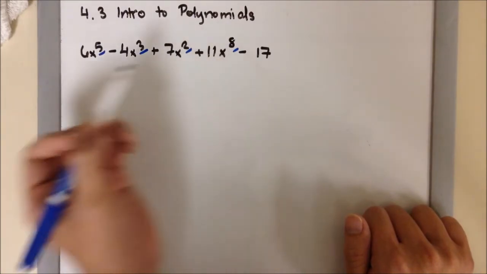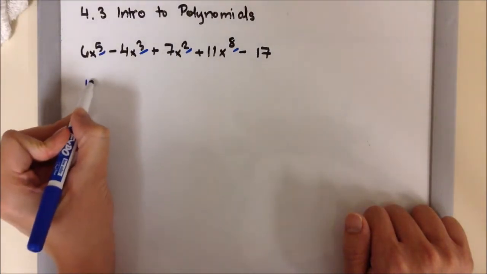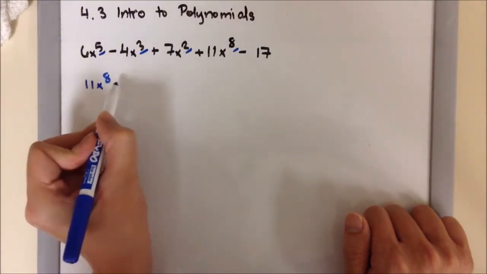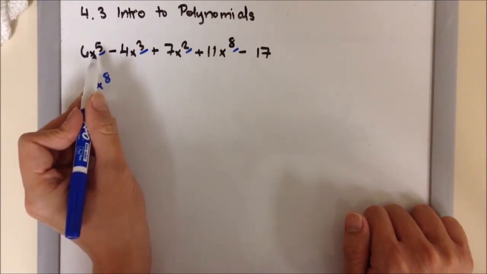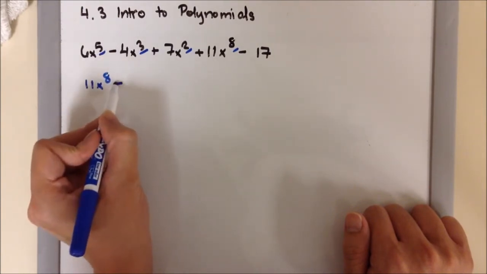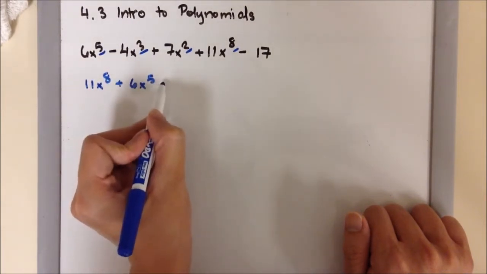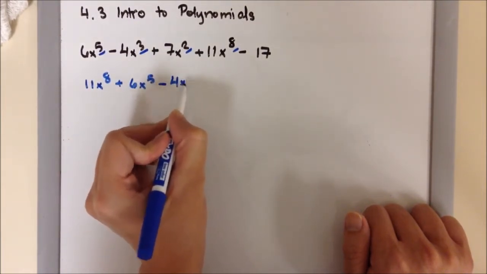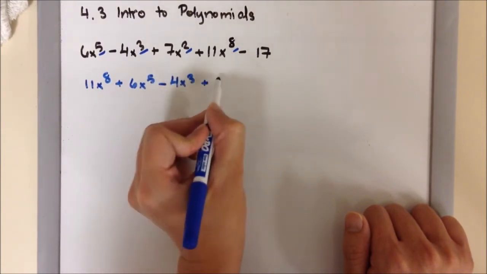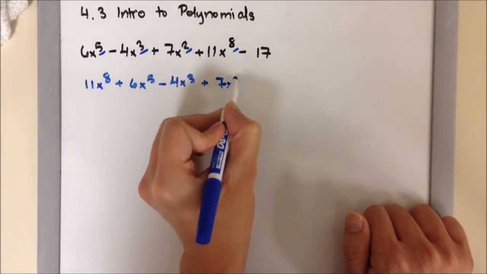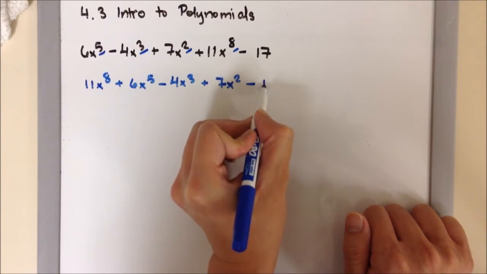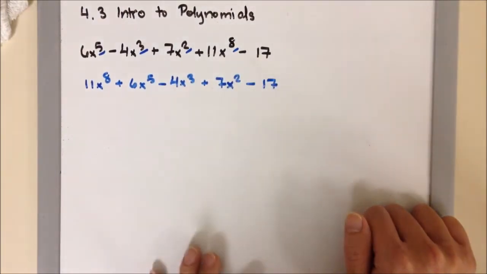So 11x to the eighth will come first, and then the one with the second highest, which is x to the fifth. So I'm going to write plus 6x to the fifth, and then minus 4x to the third plus 7x squared, and then minus 17. The constant number always comes last.